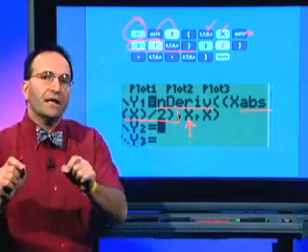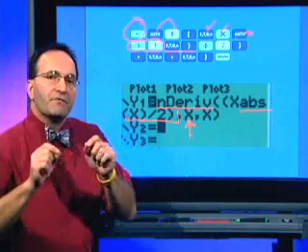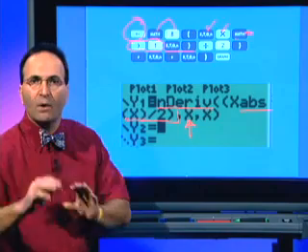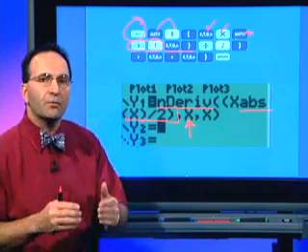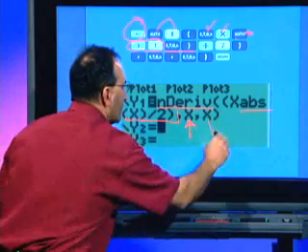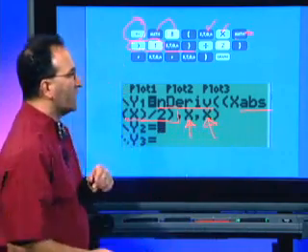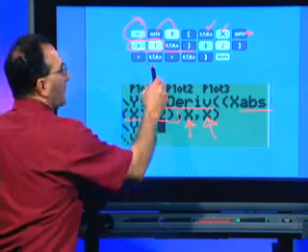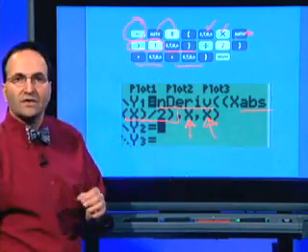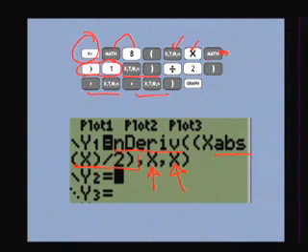Now, in the example I did earlier, we used the value of 2 to evaluate the numerical derivative. But here what we really want to do is have it evaluated over the whole domain of x. And that's why instead of putting a number in, we put x in a second time. So that's the x the first time, and then x the second time. Those are our 3 arguments.